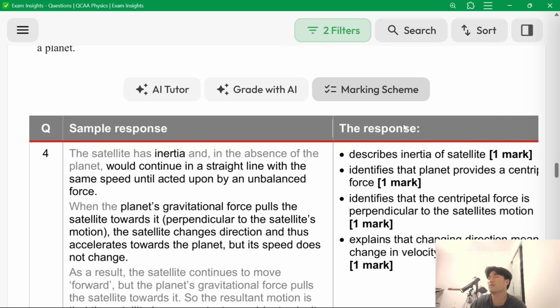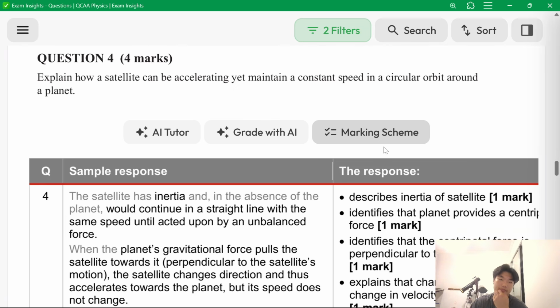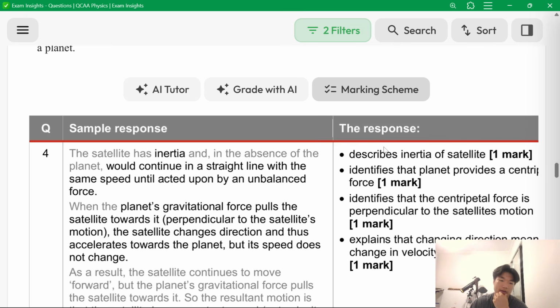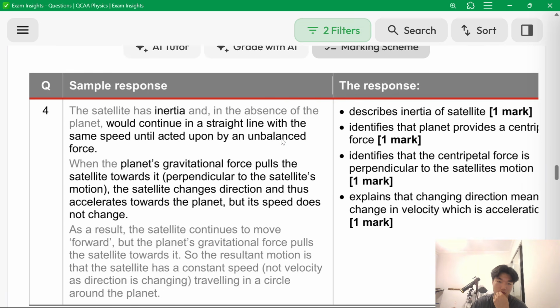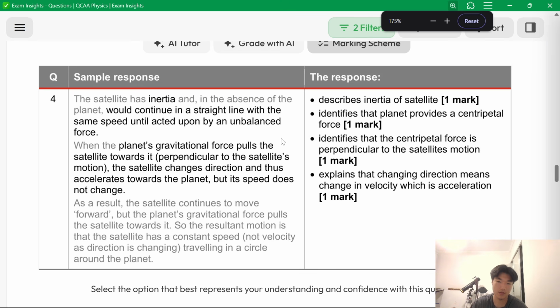Let's see. Inertia. What? Okay. Really? We have to say inertia. Wow. Identifies that planet provides centripetal force.